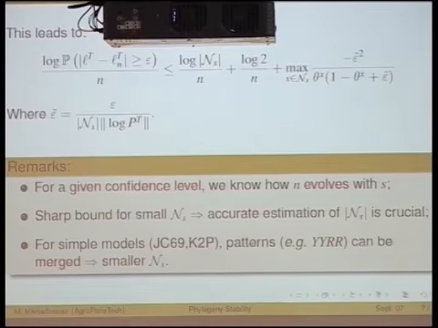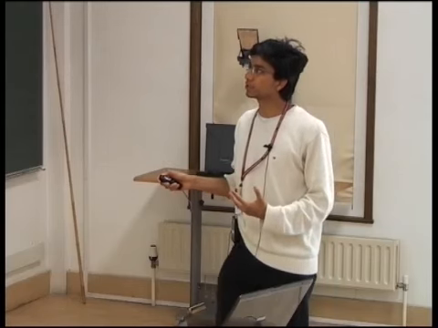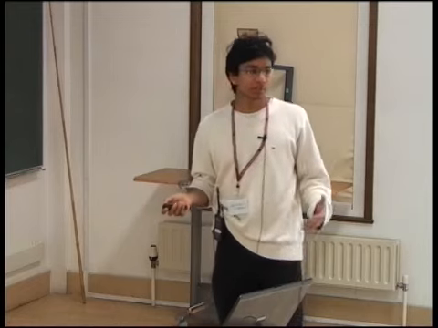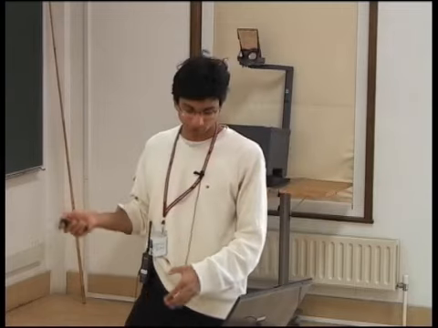So as the number of possible patterns is low, you have a bound that is sharper. So it incites us to have an accurate estimation of the number of possible patterns. And for simple models, patterns can be merged because we are interested in nucleotide patterns only as far as they provide different log likelihoods, only as far as they have different log likelihoods under model T.